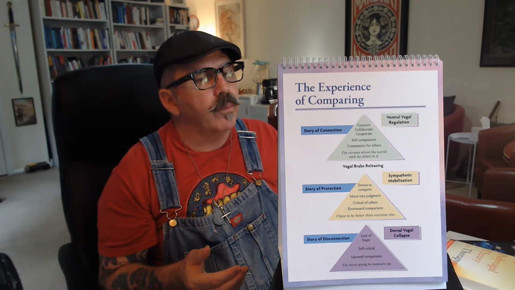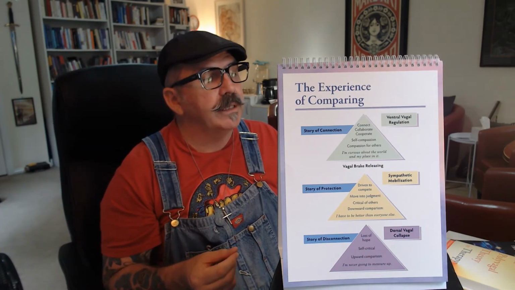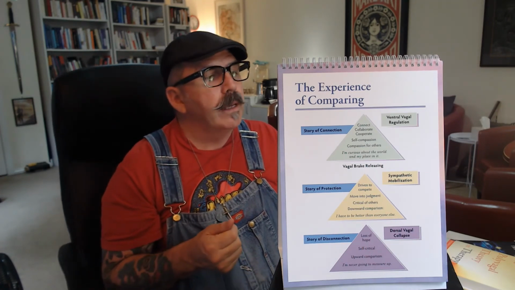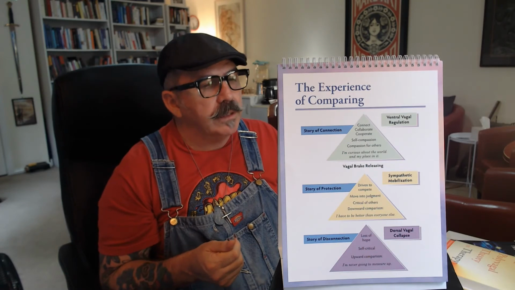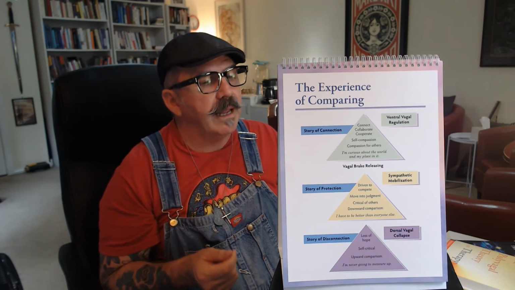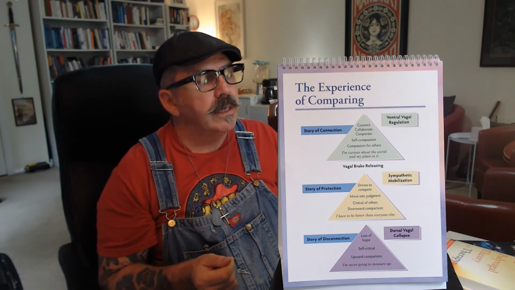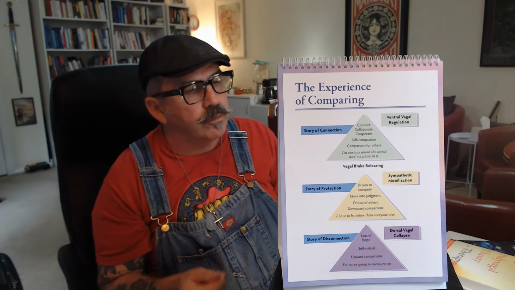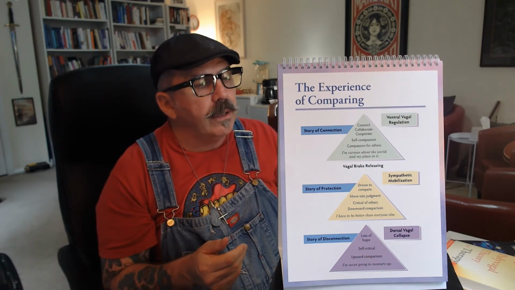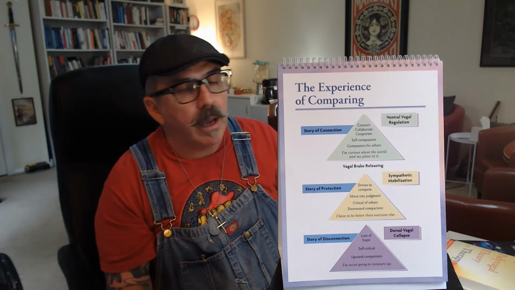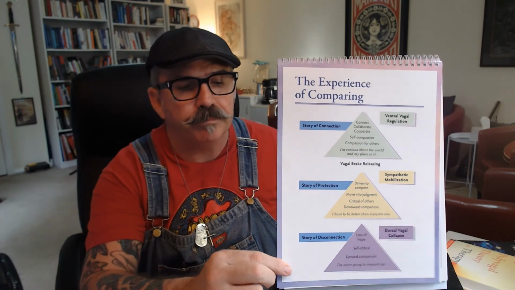The ventral vagal brake has to re-engage to move out of the story of protection. In a state of dorsal vagal disconnection, clients move into an upward comparison and a belief that they can never compete with someone else. To begin the move out of this story of hopelessness and upward towards regulation, engage with your client in a small act of mobilization or help them remember a moment of safe connection.